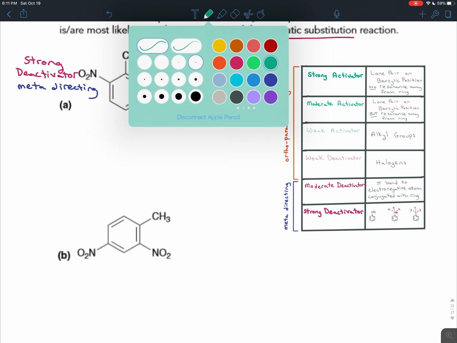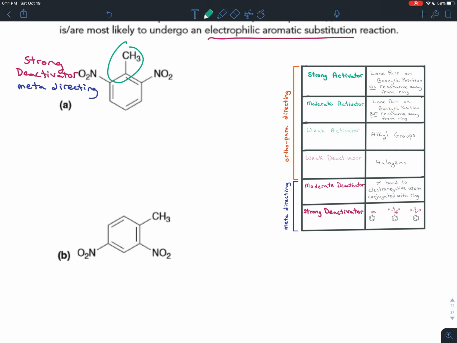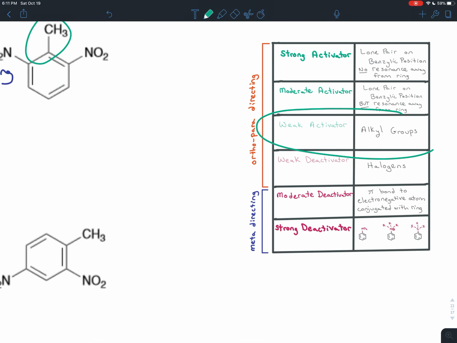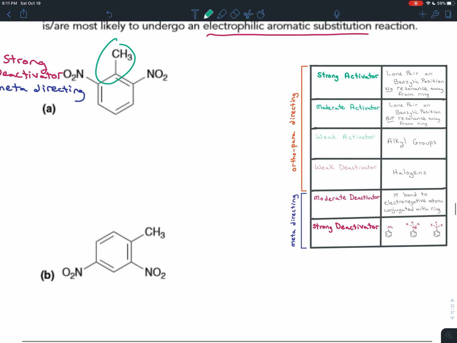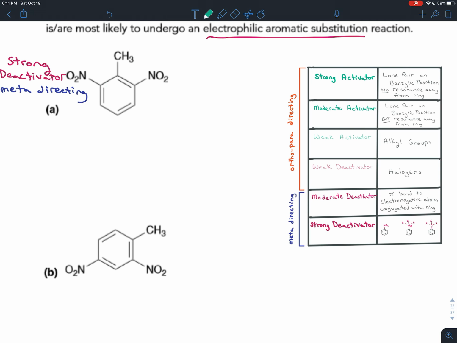Okay, going next, we have an alkyl group. Alkyl groups are weak activators. Remember, alkyl groups are any hydrocarbons. So we have a weak activator. And all activators are ortho-para-directing.